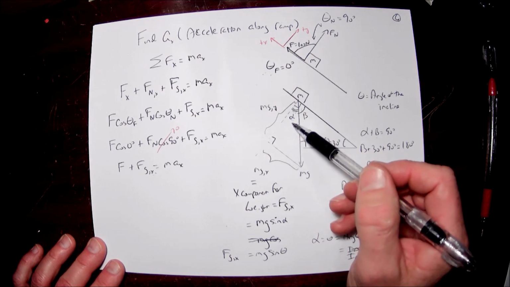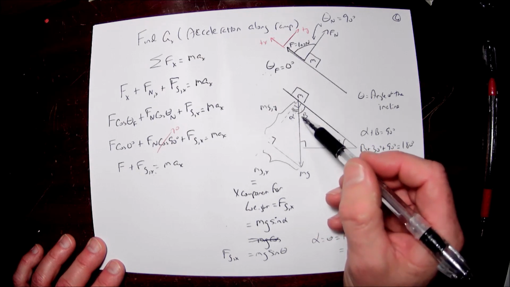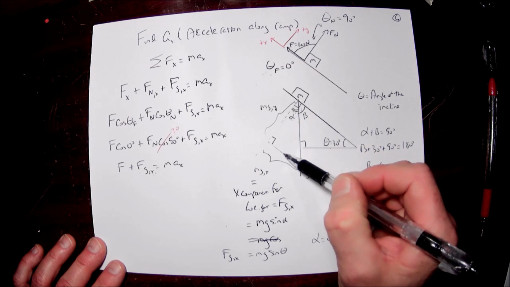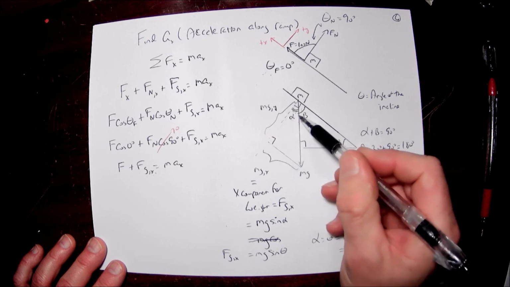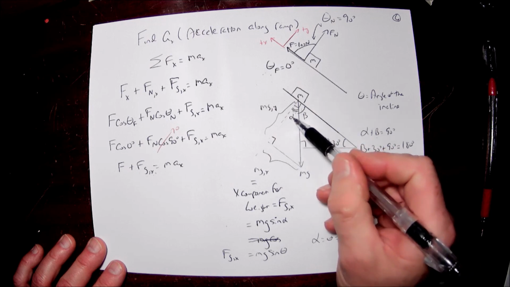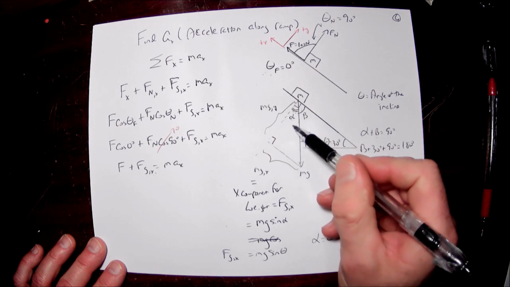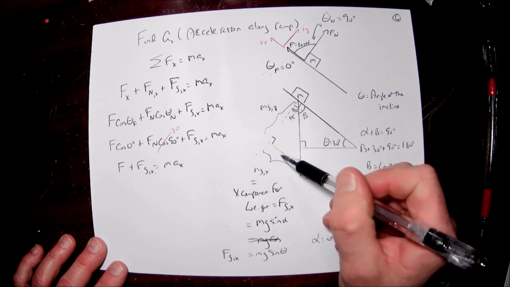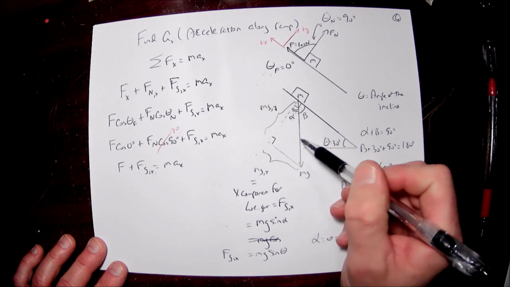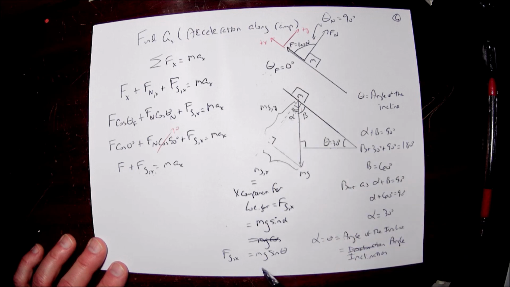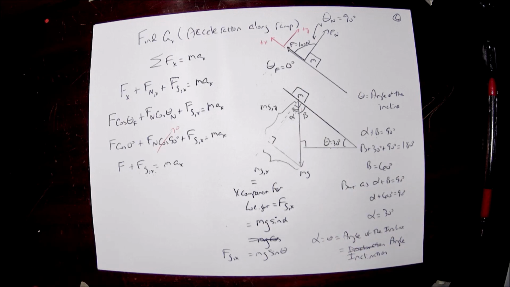And because of that, we still know that to get this side here, this is now the opposite side, that sine alpha equals opposite over hypotenuse. Sine alpha, which is really sine theta, equals the x component of weight, F_gx, over mg, or mg sine theta equals F_gx.